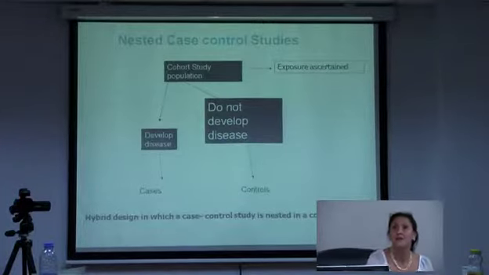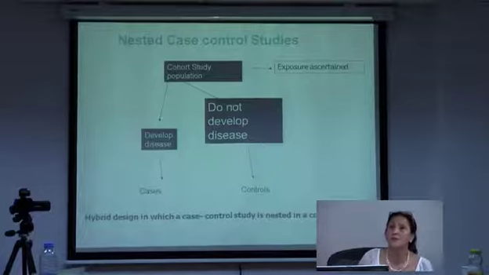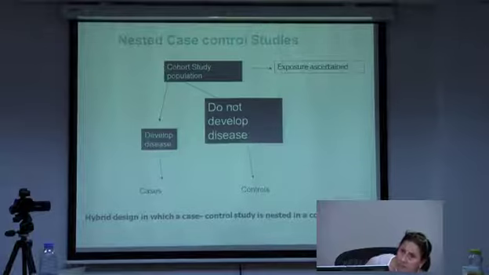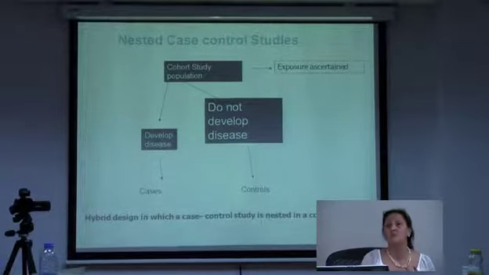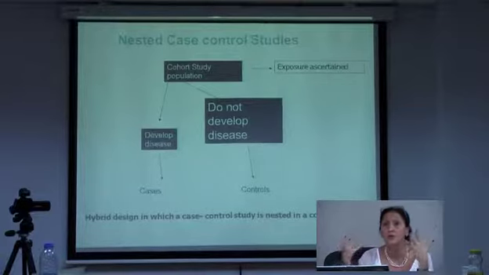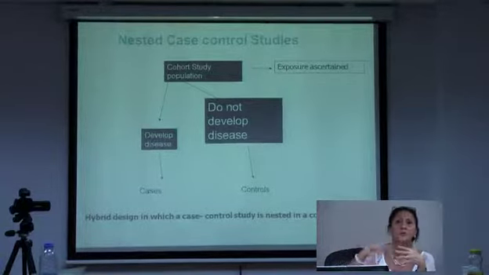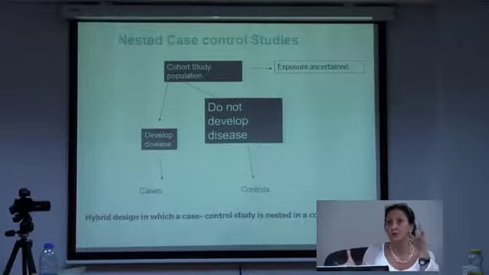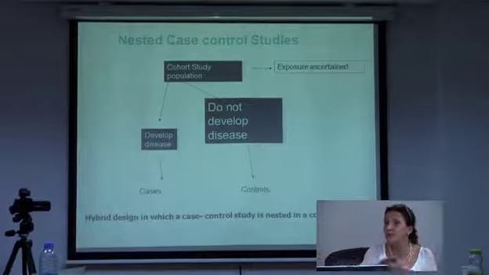And last but not least, we have a variant of case control study which is called nested case control study. It's a hybrid type of design. Let's say we have a large cohort study ongoing, and the researcher follows up on the participants. Your cohort starts with exposed and unexposed people who don't have the disease.